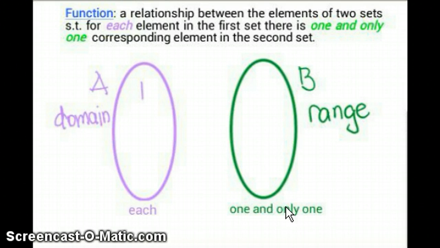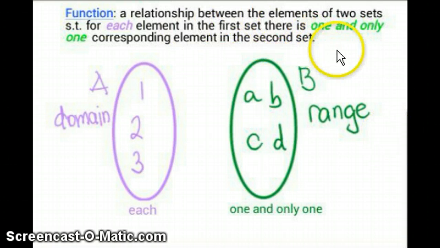So let's take at random 1, 2, 3 in the first set, and let's consider A, B, C, D, F, G, I don't know, in the second set. I'll show this correspondence that we're talking about in the definition by using arrows. So again, the correspondence should be such that each element in the domain has one and only one corresponding element in the second set.